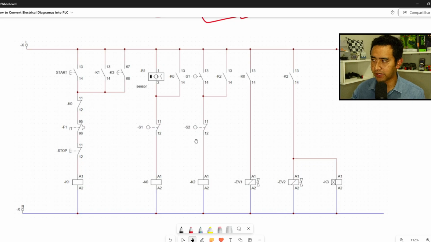When I have a control diagram, if we have a problem here, I need to measure our points electrically, and I need to get my multimeter and put one in neutral here below, and the other point here.